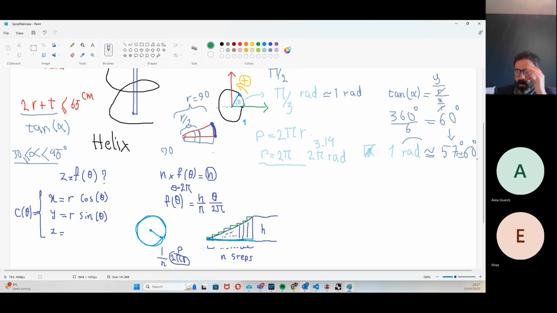Yes. Okay, so n steps of h over n, which is basically the rise, divided by 2 times pi, which is one full perimeter, 2 times pi times the radius. That's what I'm missing here.